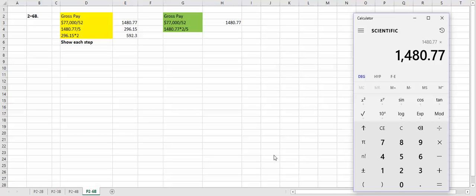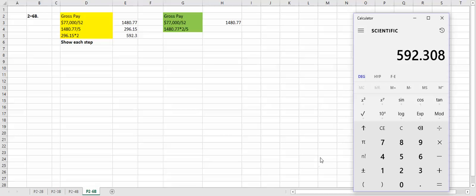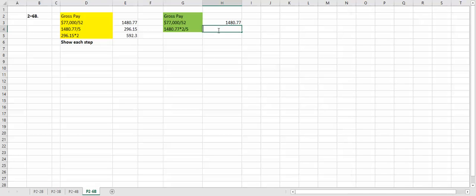If you take 2 divided by 5, it's actually 4/10. So I'm going to go ahead and put 4/10. So we're going to get a penny difference, but that's due to rounding. Or you could do $1,480.77 times, and then use your parentheses, 2/5, which shows you that it's 4/10, which is $592.31.